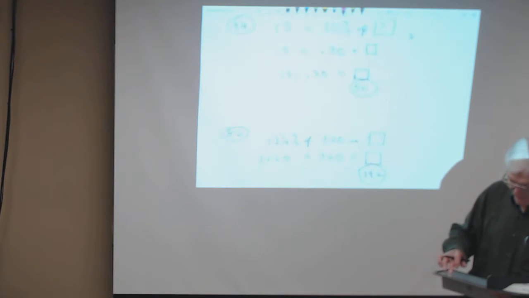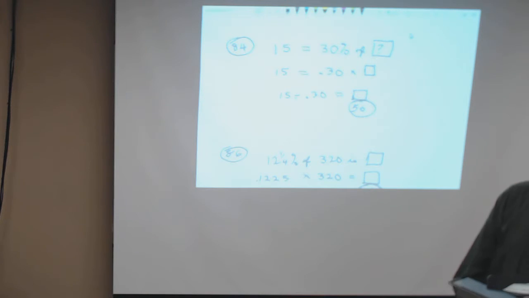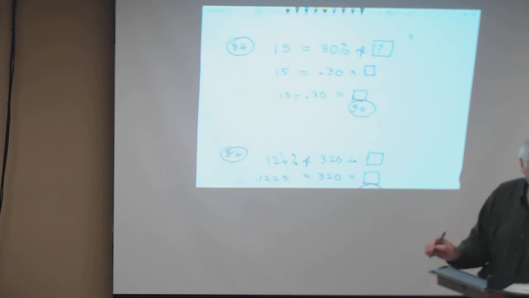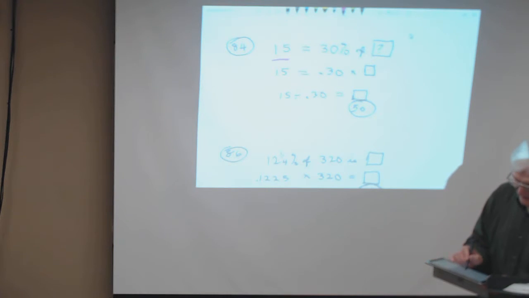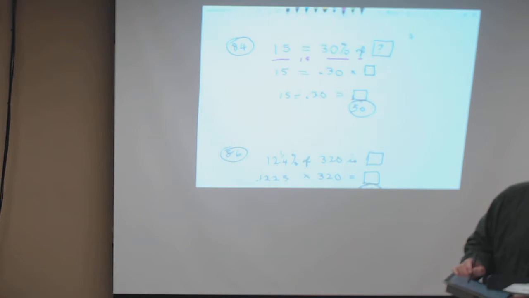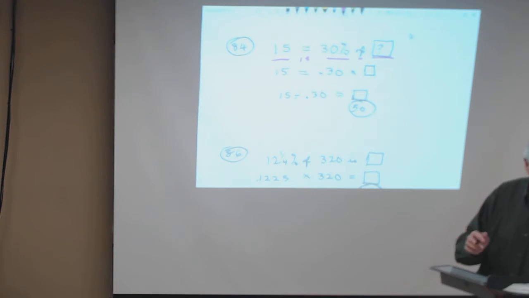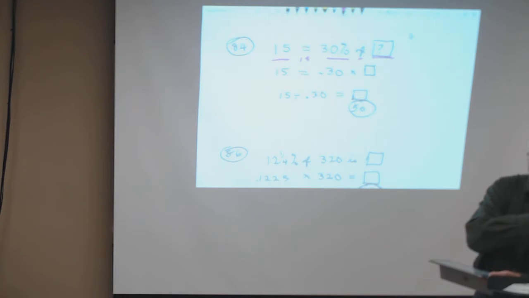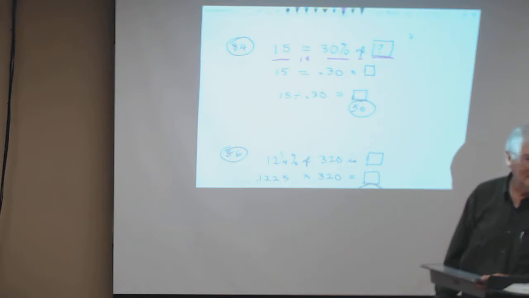Number 84. 15, so watch what I do. Have you seen my technique yet? I just start translating. 15 is 30% of, what number? Box with a question mark. See what I do? I just take whatever they give me and I write out a mathematical sentence.